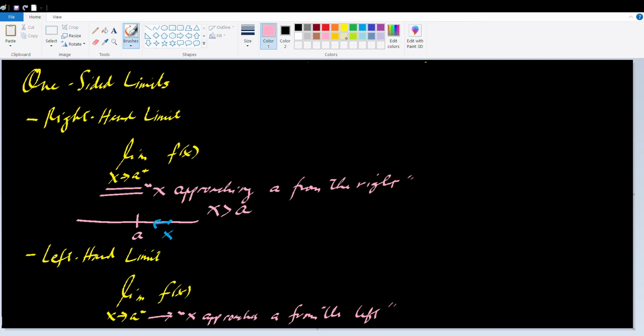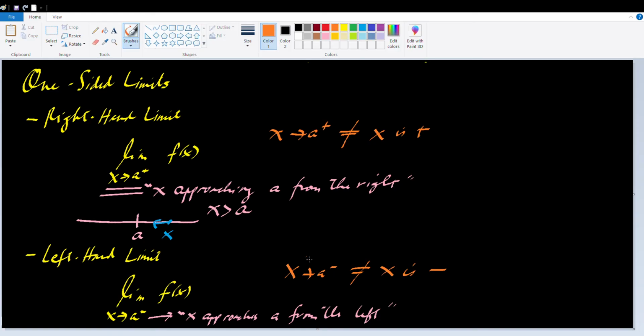So for the right-hand limit, x approaches a from the right doesn't mean that x is positive. X approaches a from the right means that the values of x are greater than a. For the left-hand limit, x approaches a from the left, or x approaches a superscript negative, the superscript being negative doesn't mean that x is negative.